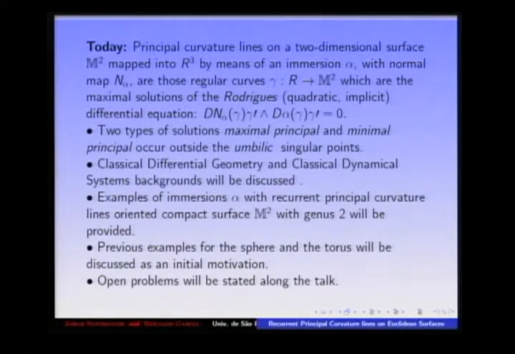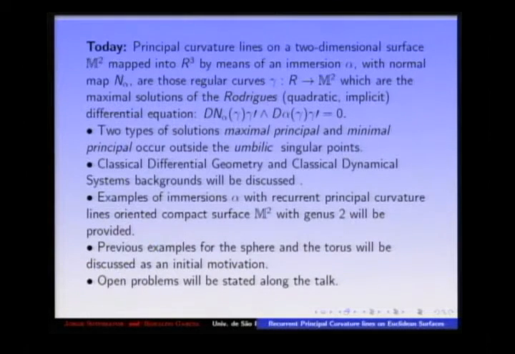My lecture deals with the interaction between classical differential geometry and classical dynamical systems. And what is classical differential geometry? It is the geometry that you can study considering the two fundamental forms, the first and the second. You can also consider the second and the first because they commute.